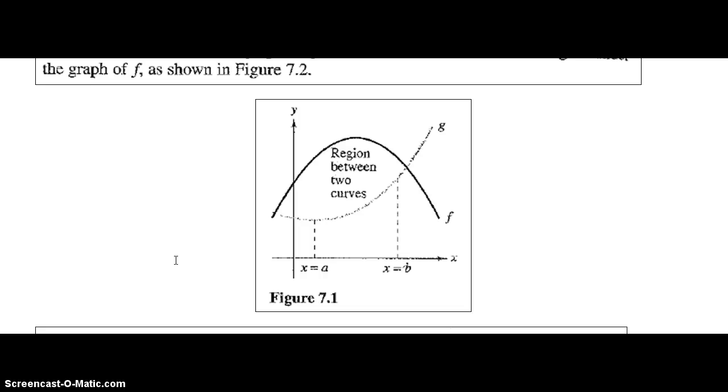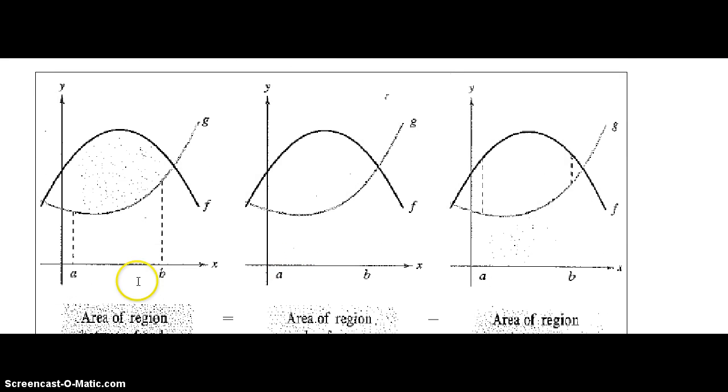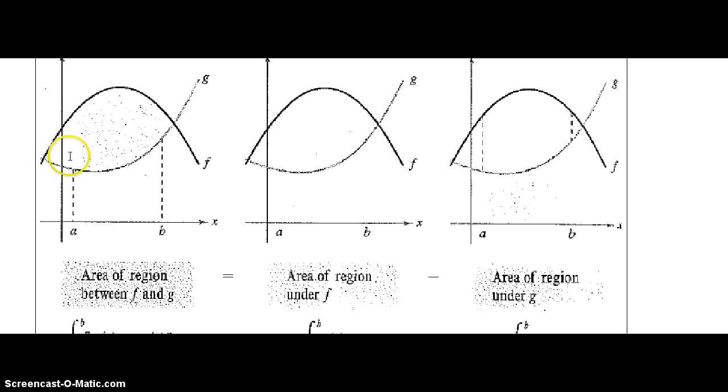Here's figure 7.1. As you can see, both the f function and the g function lie above the x-axis, and the f function is above the g function over the interval from a to b. So if we took the area of the region just under f, it would be the region underneath the bolded curve. As you can see, I'm scanning over here.